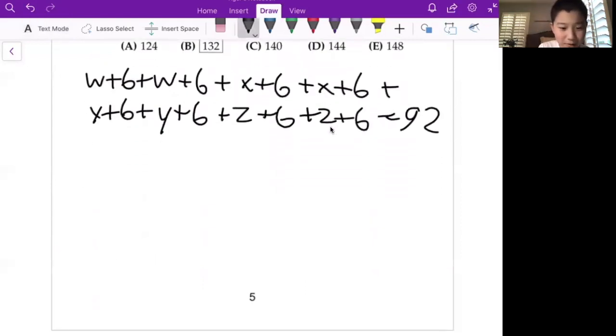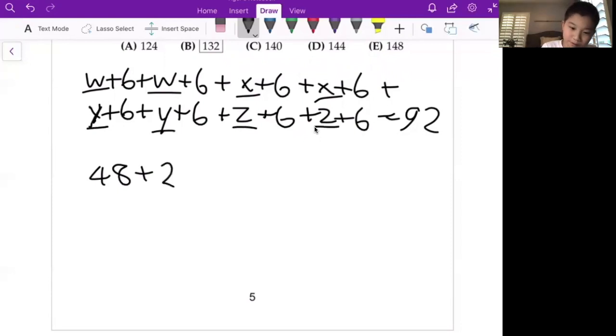Let's add up all those 6's. There are 8 6's there, so 48. Let's change this into 48, and then plus, well, there are 2 W's here, and then 2 X's, that's a Y, that's Y. 2 Y's and 2 Z's.